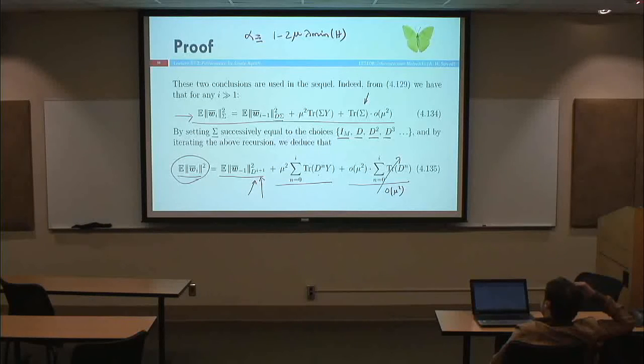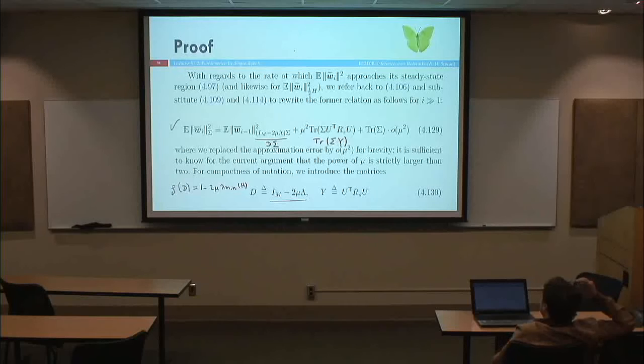Trace of D to the n, Y, this will be trace of I plus D squared, etc., Y. This becomes I minus D inverse Y, the trace of that. So let's see what is I minus D inverse. Remember that D is 1 over 2 mu lambda.